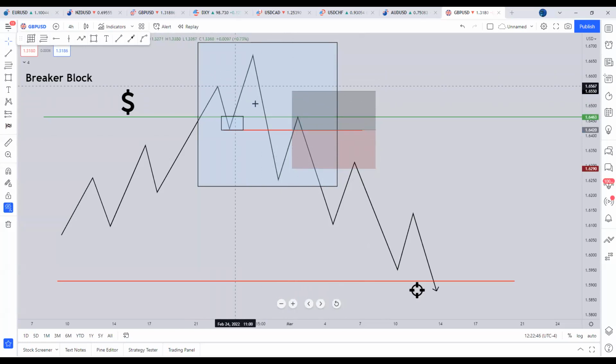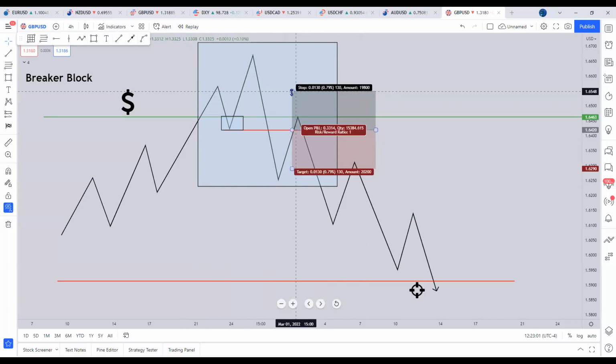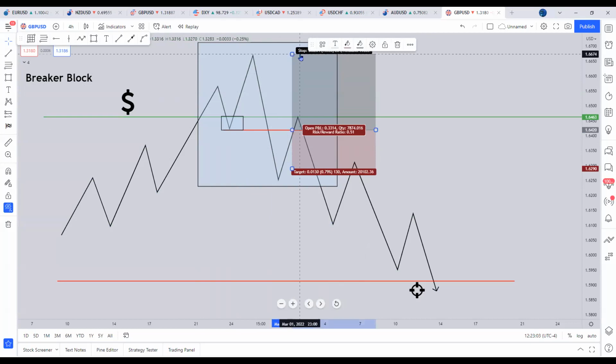So if you had a structure at this point, this whole structure is only going to be about 4 or 5 pips. It's not going to be that big. So if it's not going to be that big, you can just put your stop loss all the way up here. Maybe you'll have a stop loss of 5-6 pips. There's no problem with that.